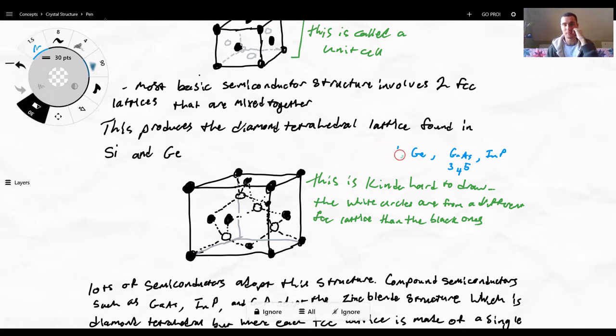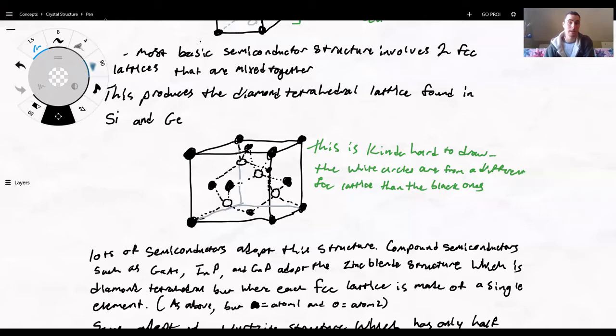So in that case, if you have a compound semiconductor like, say, gallium arsenide, which adopts this structure, remember how I said that these are 2 lattices put together? One of the lattices is just gallium, and the other lattice is just arsenic. So these 2 different colored atoms that you're seeing here are 2 different atoms.